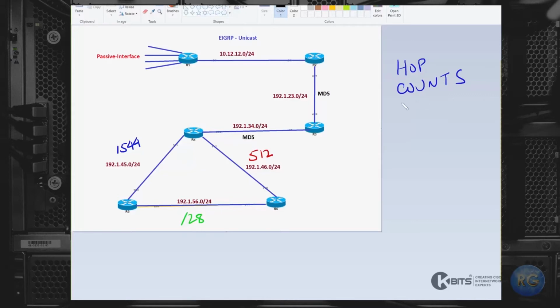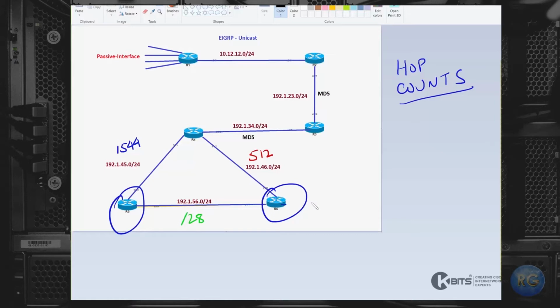Good? So if I want to go from 4 to, let's say, actually I would take the other way around. Let's do it from 5. Let's say I want to go to 6. RIP does not see the speed at all. It just sees which is the closest in terms of hop count.